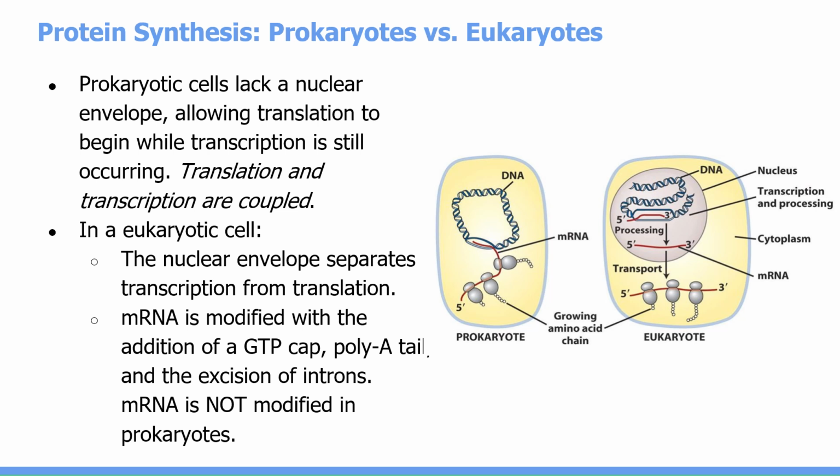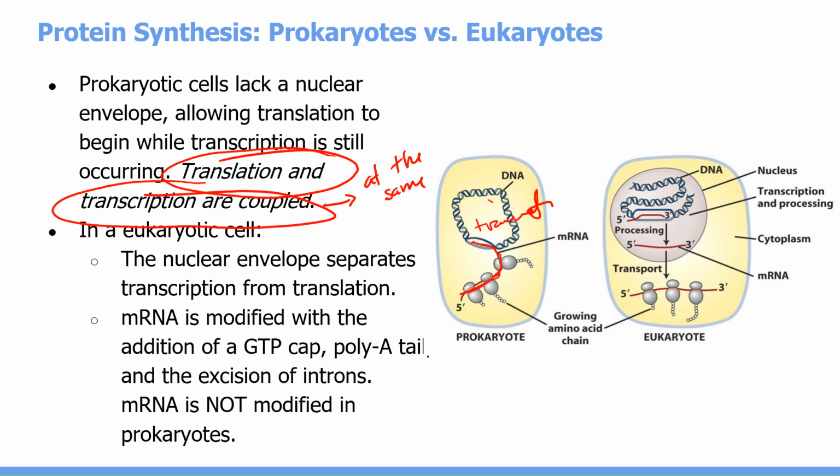So let's compare the process between prokaryotes and eukaryotes. The biggest difference, y'all, is that prokaryotes have their translation and transcription happening at the same time. So again, as this mRNA is being created, which is transcription, the proteins are being made, translation. It happens at the same time.